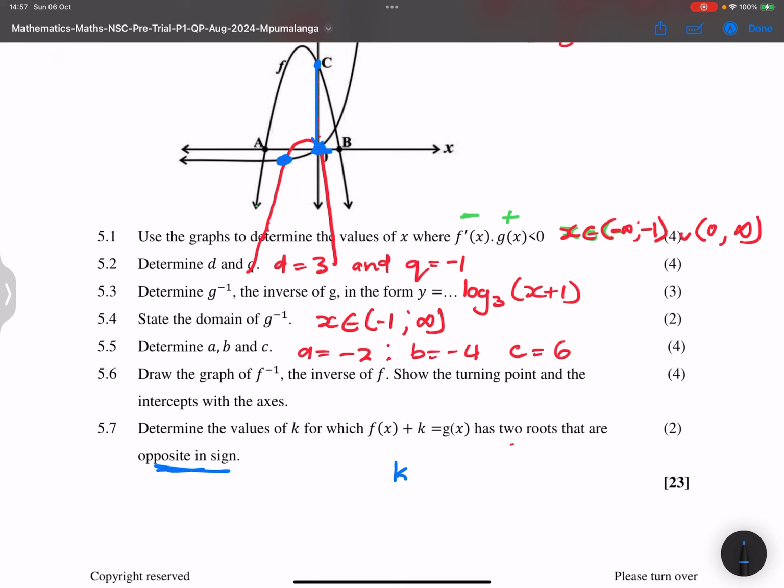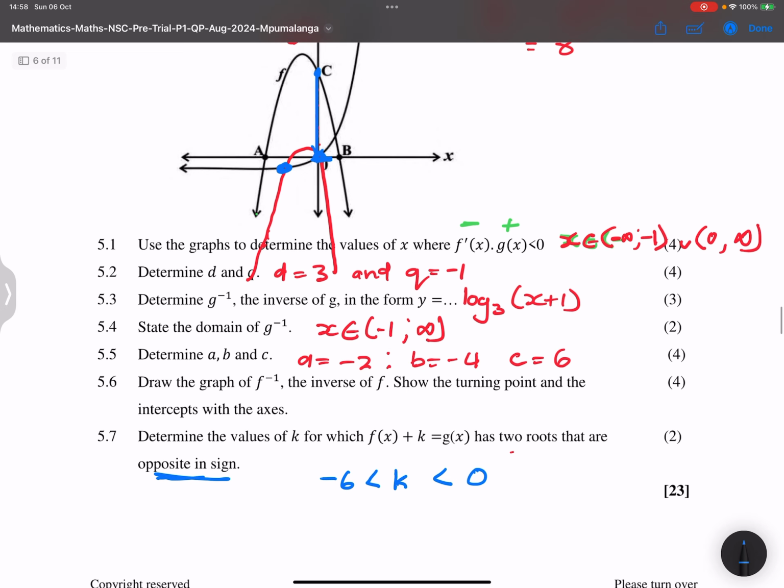It must not be less than -6. So it must be greater than -6, but it must be less than 0. So any value from 0, if we take it down to -6 in this case, can suffice. We can take the graph down until 6 units. And so that is really how the cookie crumbles, ladies and gents.